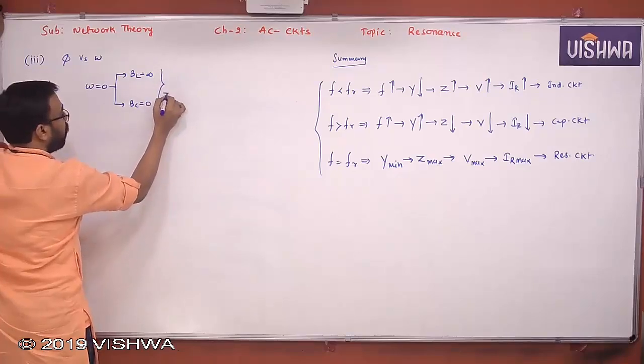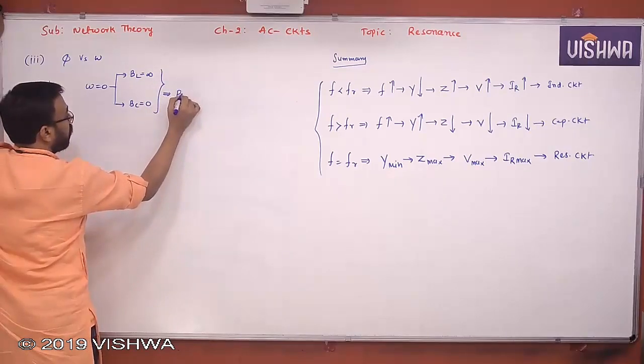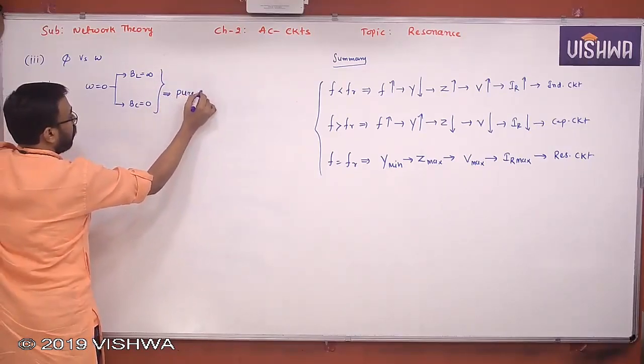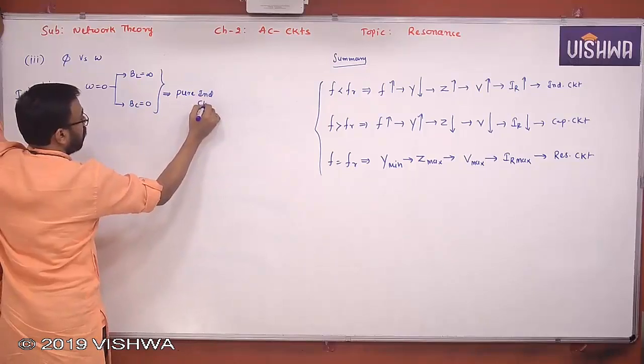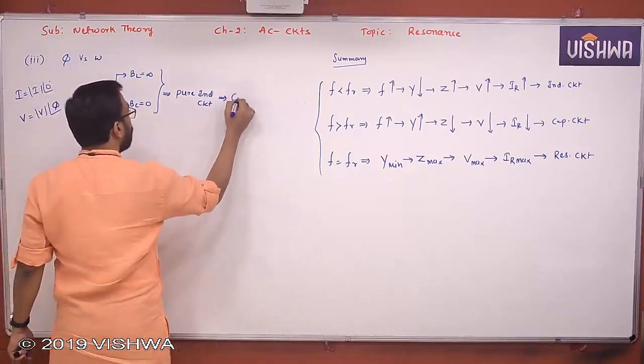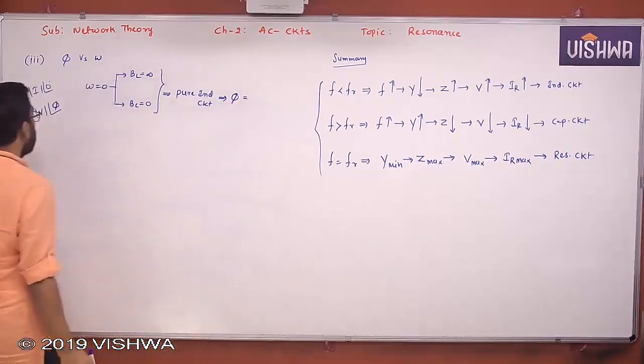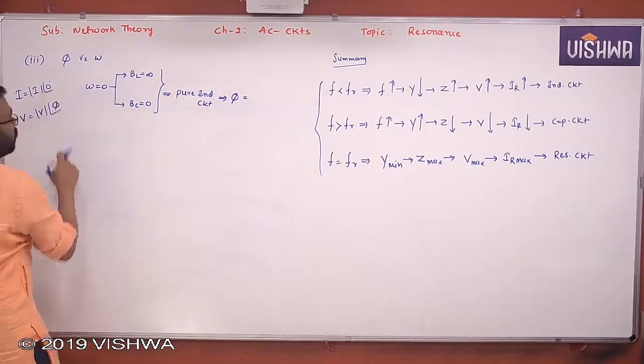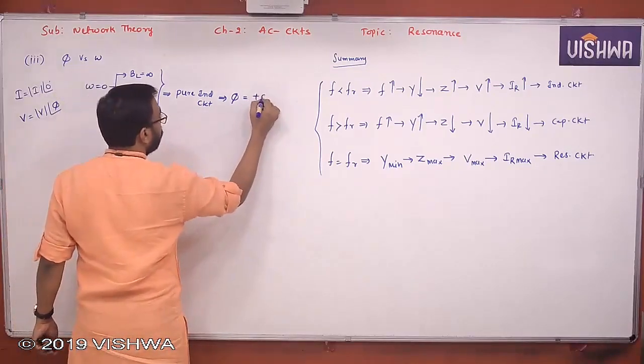It is acting like a pure inductive circuit. Therefore, the angle, how much here? Pure inductive means current should lag, that means it must be positive angle, plus 90.